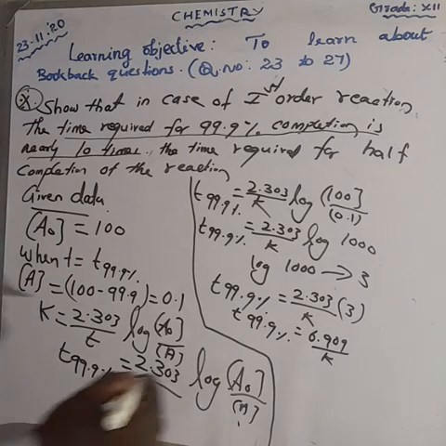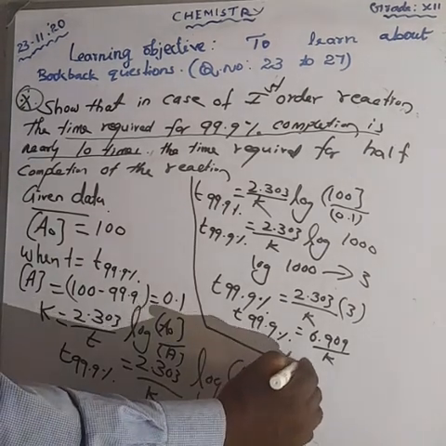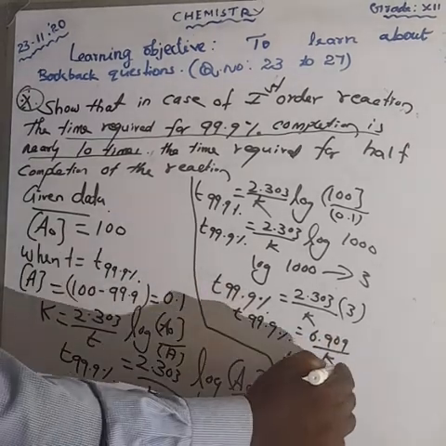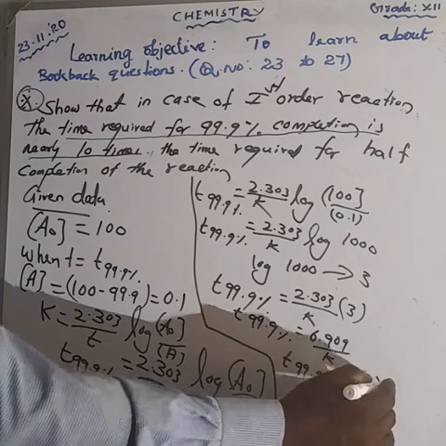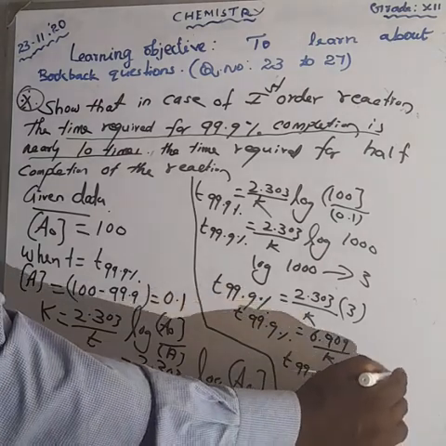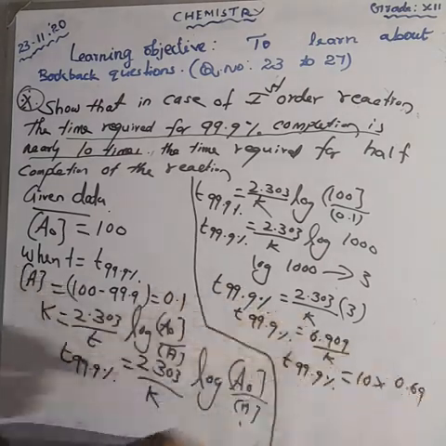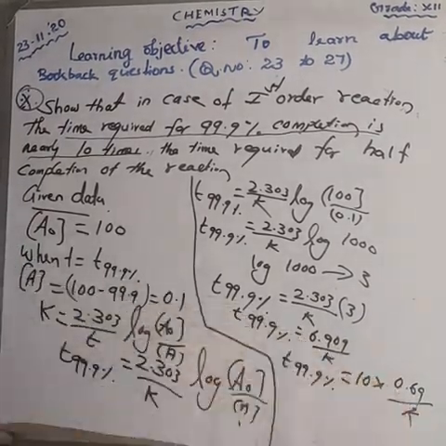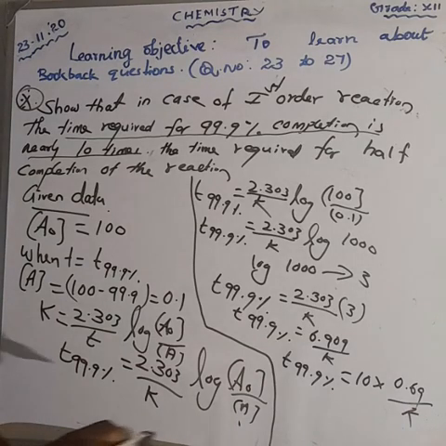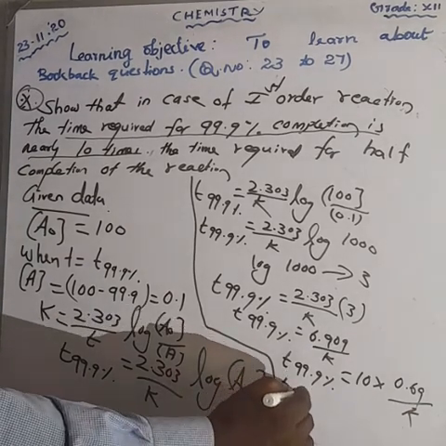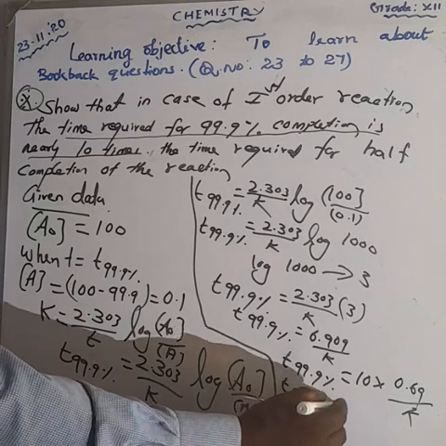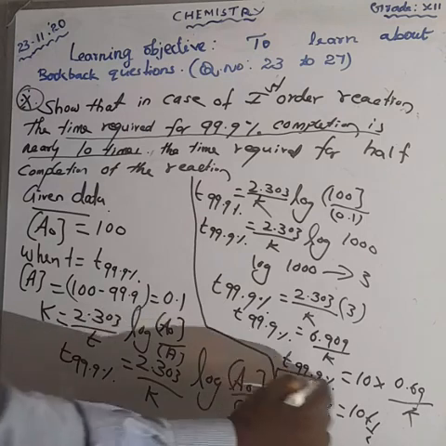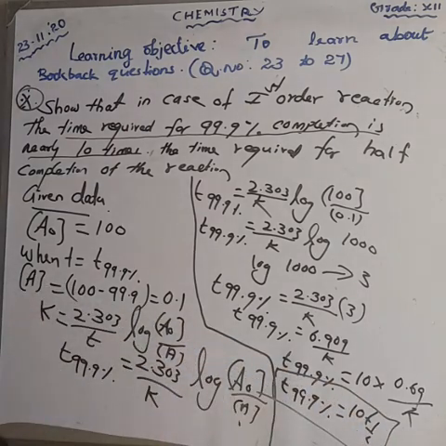So t 99.9% is equal to 10 into 0.693 divided by K, and that is equal to 10 into t half. 10 into t half. This is the answer.